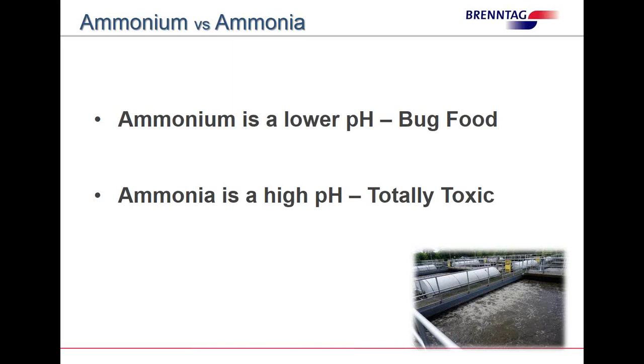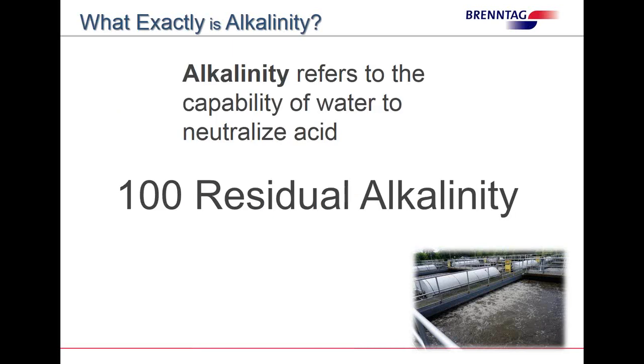A lot of times they'll get a really, really high pH, and you can't figure out why things aren't working very well. It's because the pH is so high, the ammonia is totally toxic. Anything over about 9 to 9.2, you're going to have a lot of trouble with ammonia toxicity.